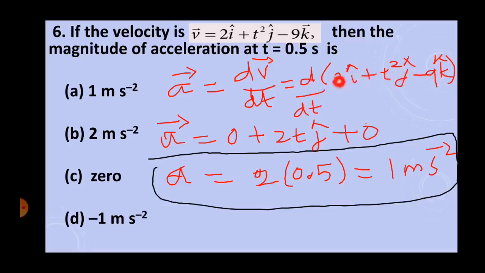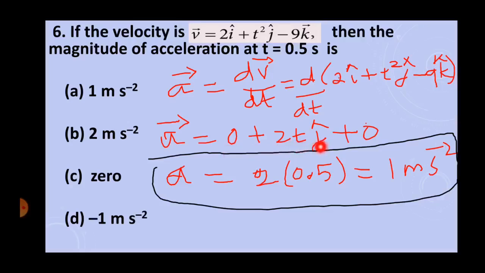Now differentiate the velocity of the particle. 2i unit vector is a constant, so differentiating a constant gives 0, plus the derivative of t square, which is 2t j unit vector. Minus 9 is also a constant, so its derivative is 0. So a vector is equal to 2t j unit vector.